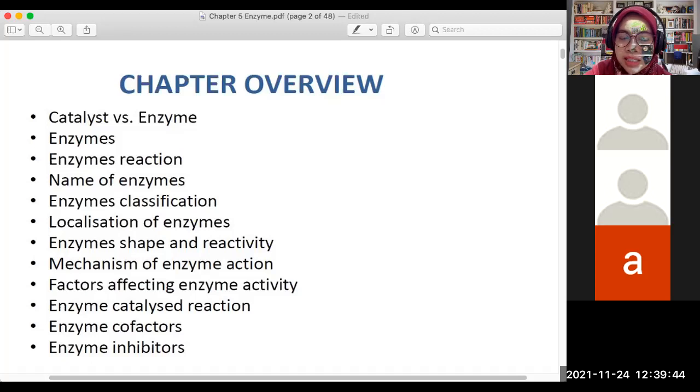Remember when we talk about factors affecting enzyme activity, that includes temperature and also pH. If you have fever, especially high fever, go check, don't just let it be, because high temperature inside our body can disrupt the enzyme reactions and may denature our enzymes. Another thing I would like to highlight is when we are taking supplements or any products that we are consuming, please be very detailed in checking the ingredients, whether those ingredients can change or alter the pH inside our body.